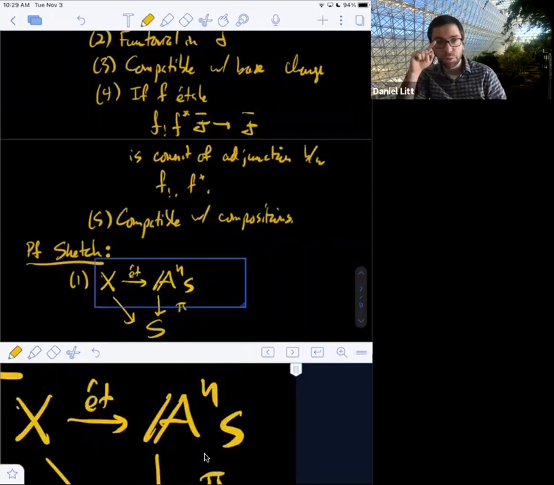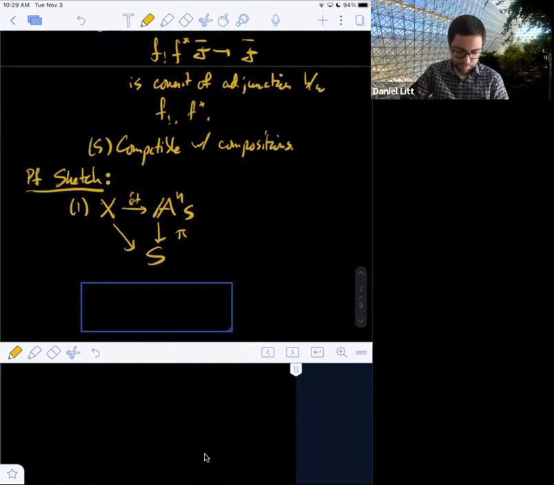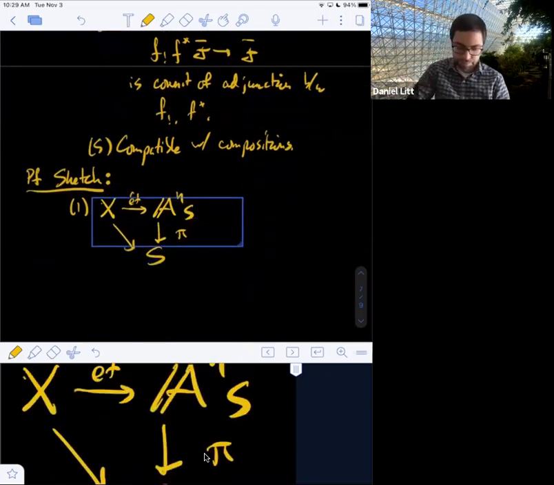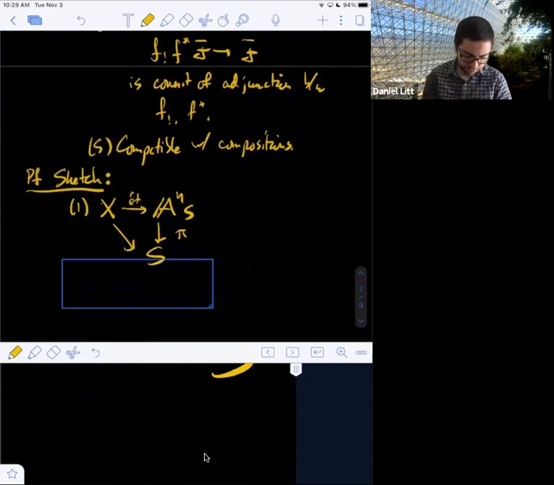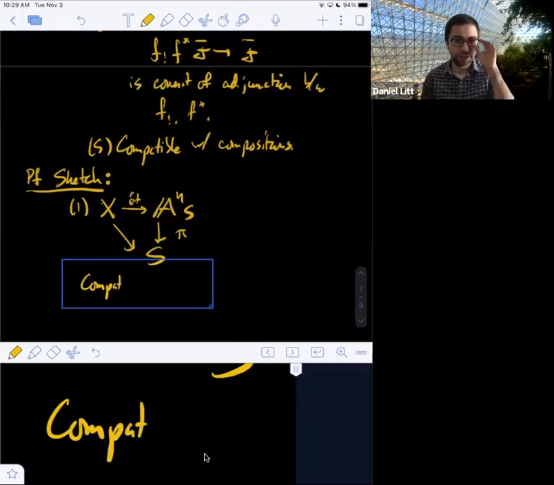So every smooth morphism locally looks like this, right? This is the structure theorem for Étale morphisms. So, compatibility with composition. I'm going to first make a construction and then I'll say a word about why it's independent of choices.